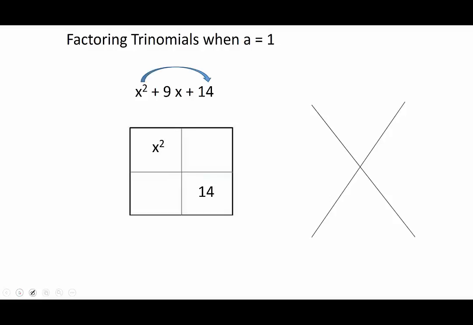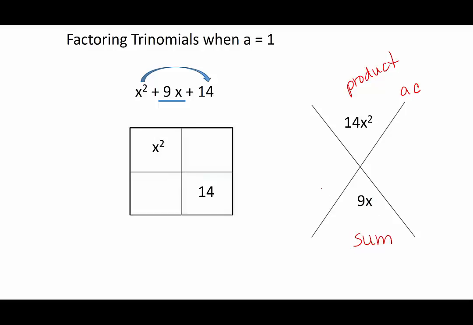Now, we make a big X. To put the top number into the big X, we multiply the x squared times the 14, and the 9x goes in the bottom of our big X. So this is the product, and this is the sum.